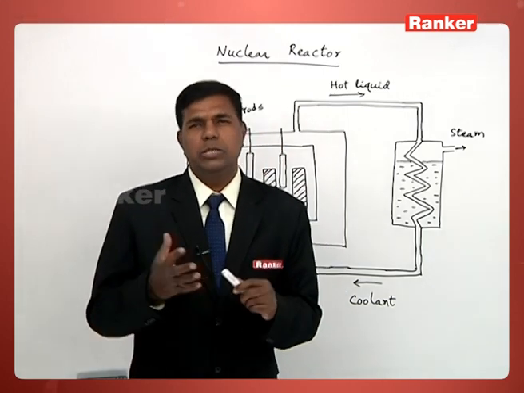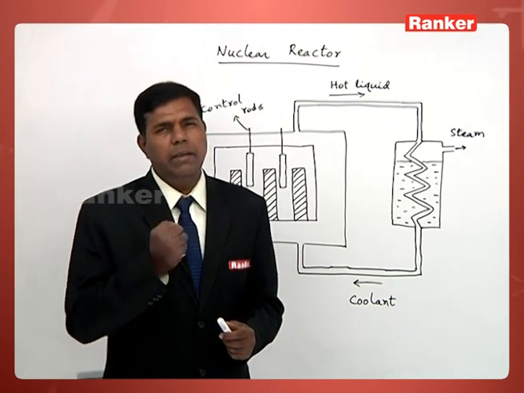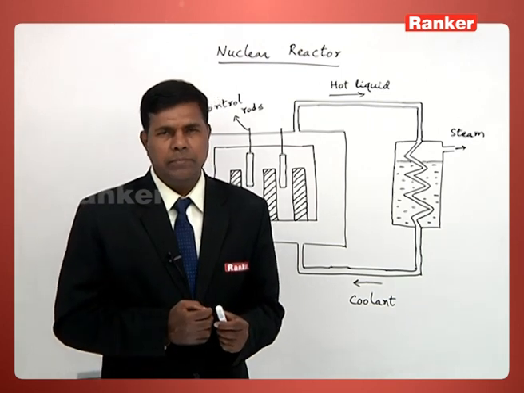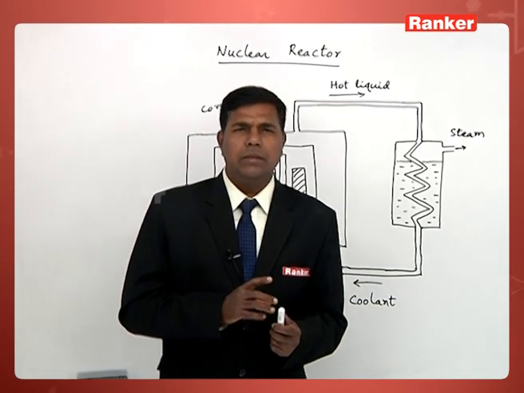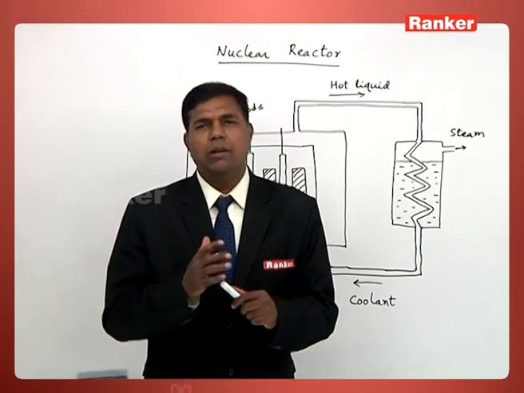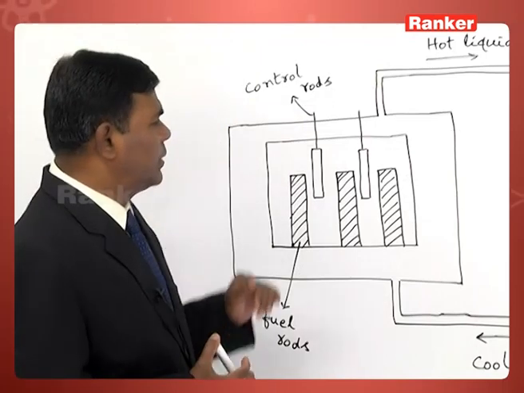That becomes a big explosion. To avoid that, we need to control the number of neutrons emitted. That is, the neutron multiplication factor should be maintained at a constant value of 1. That job is done by control rods.